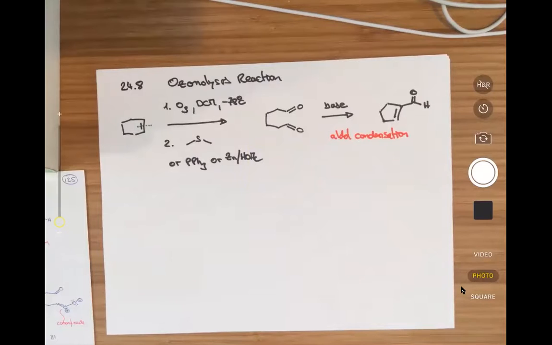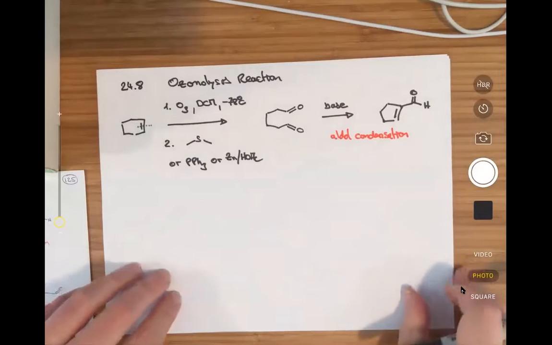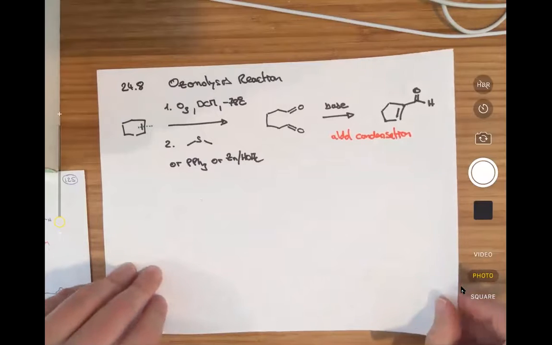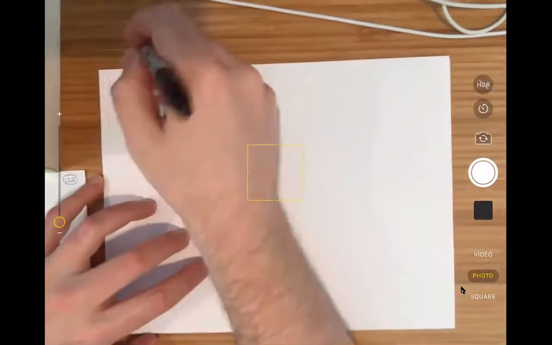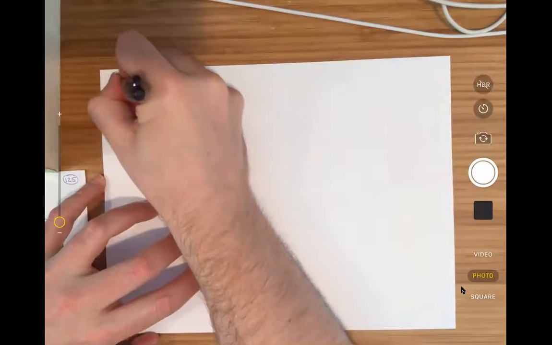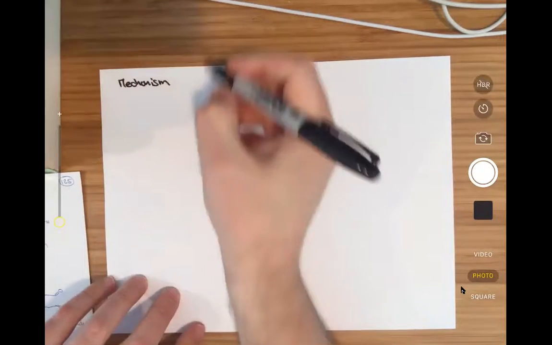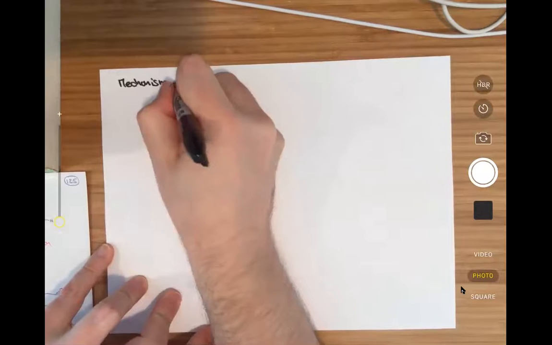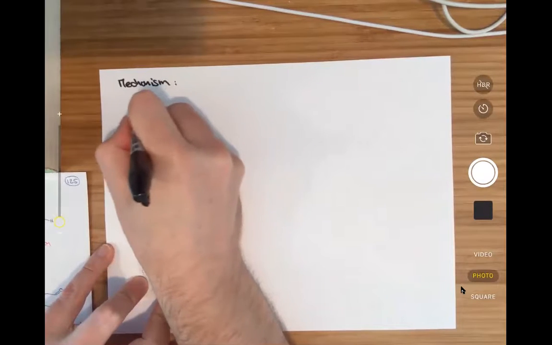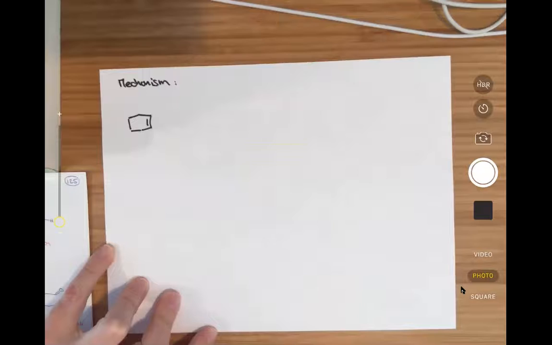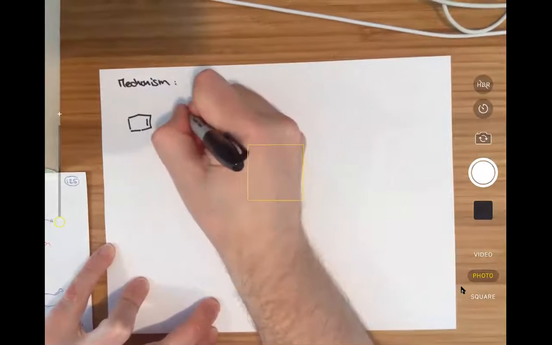All right, so now let's take a little bit a closer look at the mechanism of this reaction. And the first step, obviously, is already a cycloaddition. So if we have our starting material here, and now we do the 1,3 dipolar cycloaddition with ozone.